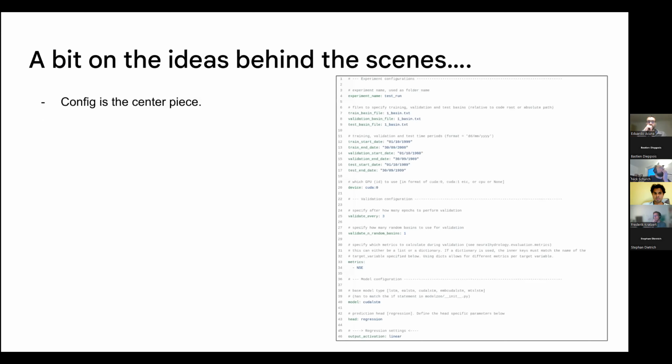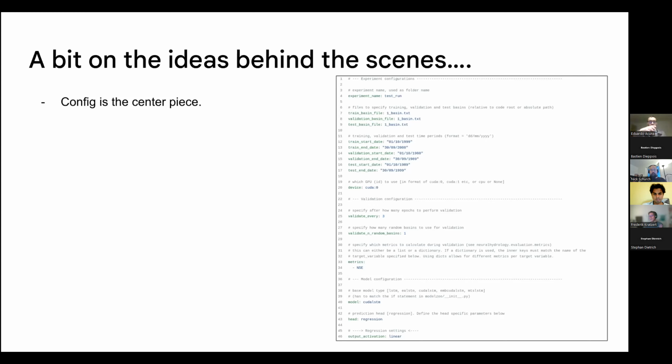I want to give you a very quick overview of the main ideas behind this Python library. The central piece of any experiment is a config file, which is a .yaml file. You can define an entire experiment with everything that is implemented in NeuralHydrology.